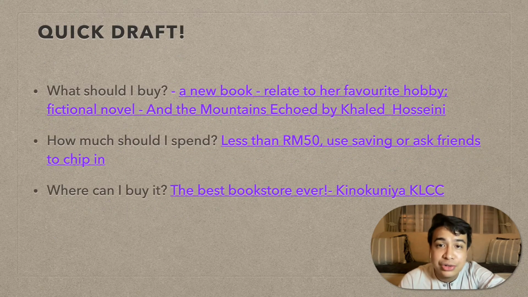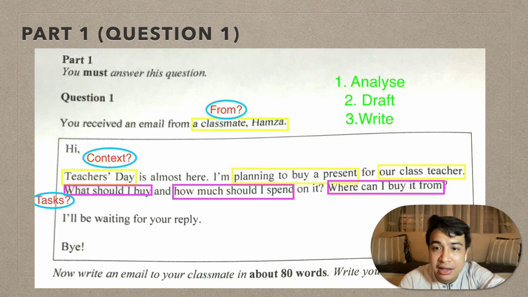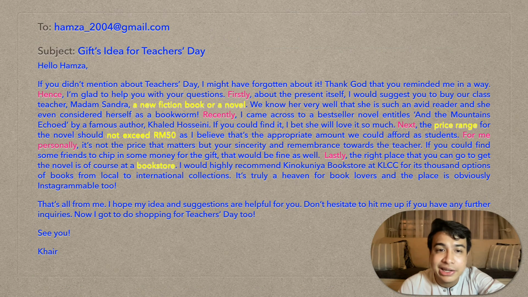If you look at the question just now, they share a similar teacher, right? So you may include that to make it more fun, more interesting. I would suggest you buy our class teacher, Madam Sandra, a new fiction book or a novel. So this is already answering the first requirement of the email question. Okay, so this is the point.